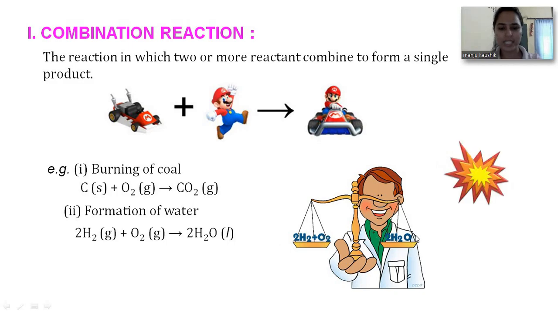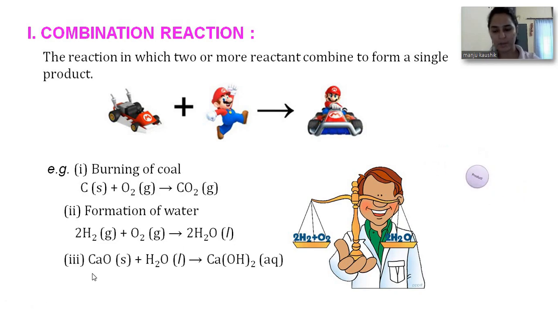So as you can see in this picture, the hydrogen present in the reactants is equivalent to what is present in the water molecule. And similar is the case with oxygen. There are two atoms of oxygen in this reaction on the reactant side, and on the product side also, there are two atoms of oxygen. So this reaction is balanced. The mass is conserved. Okay students.